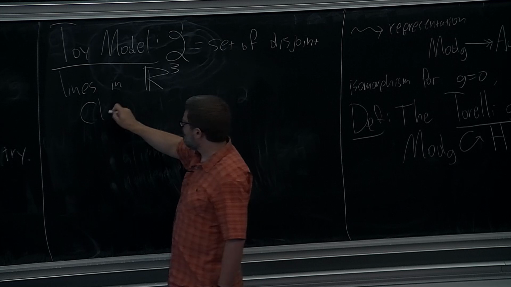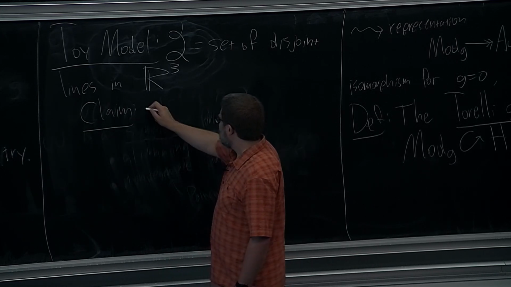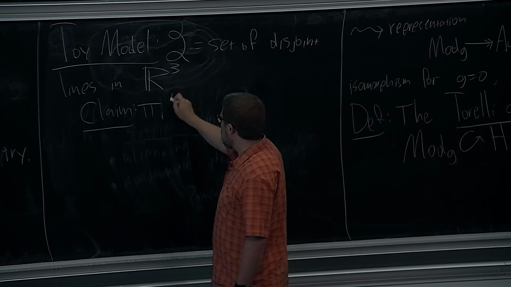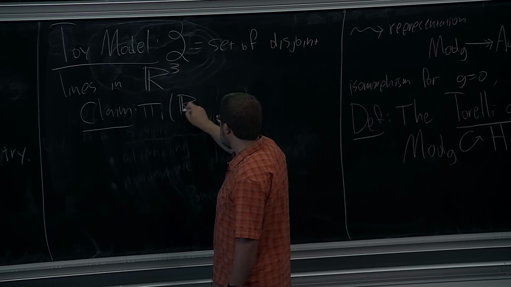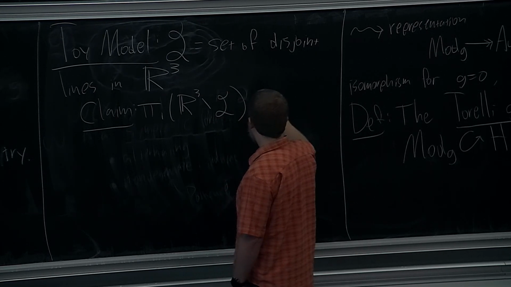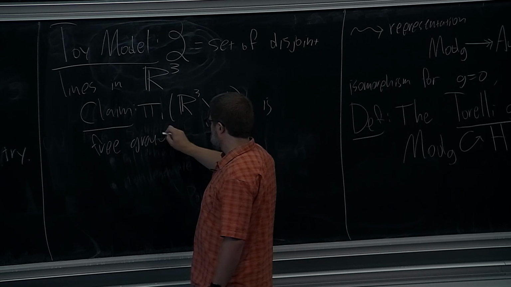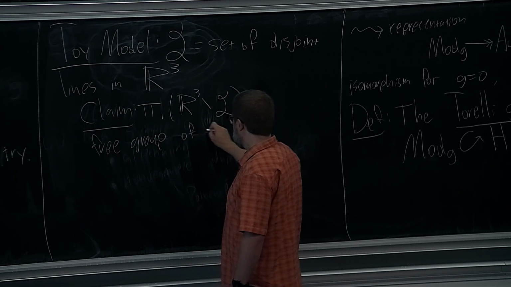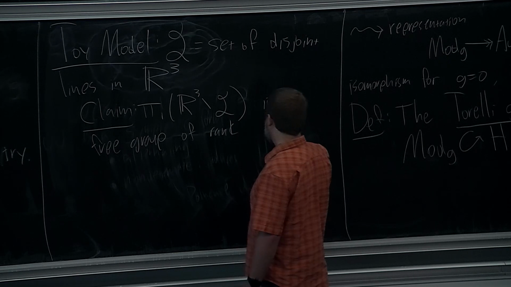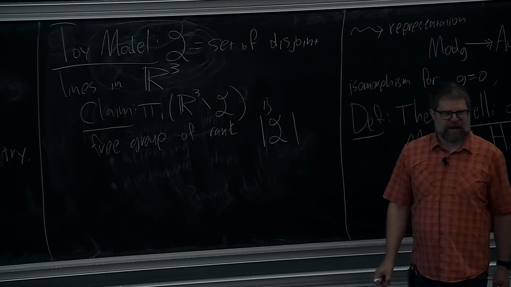The claim is that the fundamental group pi1 of R3 minus L is a free group, of rank the number of components inside L, which is infinite if L has infinitely many components.